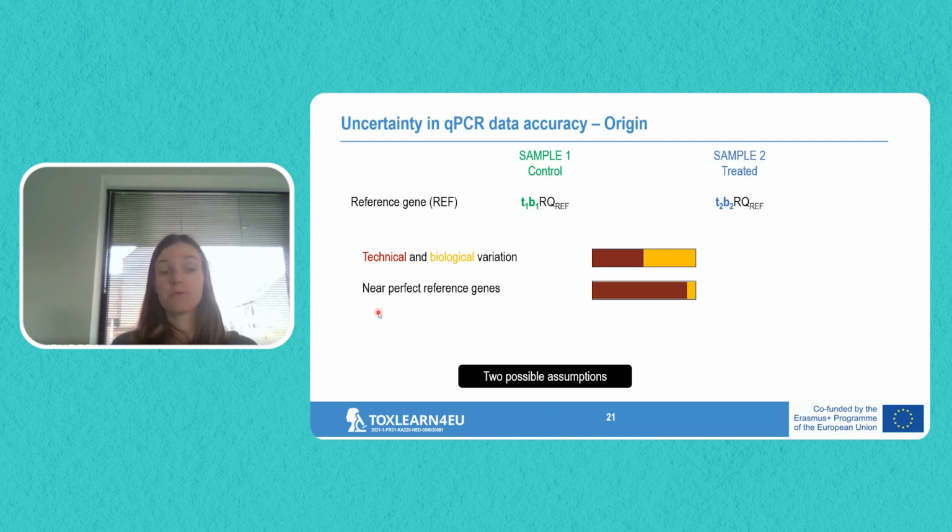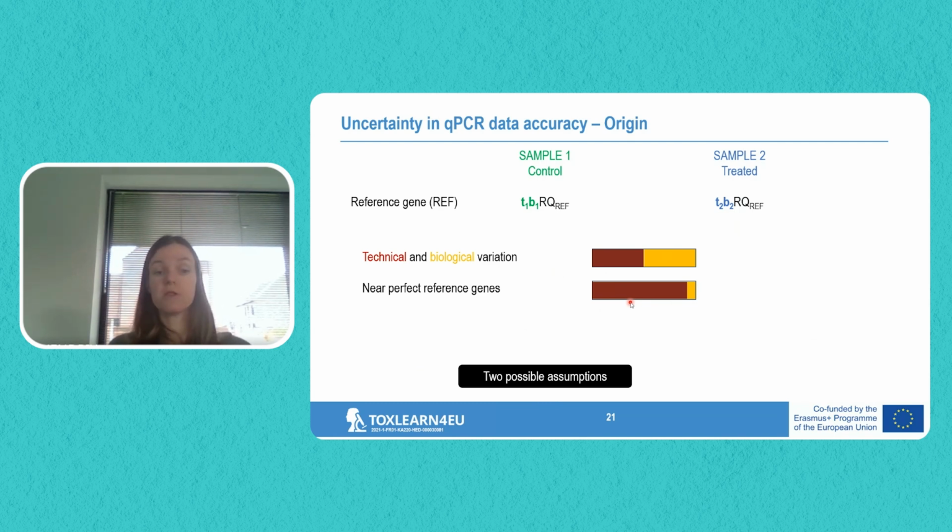One possible assumption is that your reference genes are nearly perfect. So this would mean that biologically, they do not show any difference in expression between different samples. So then all the variation would be technical. So technical is shown in red, biological in yellow. So here you see that almost the entire bar color is red.